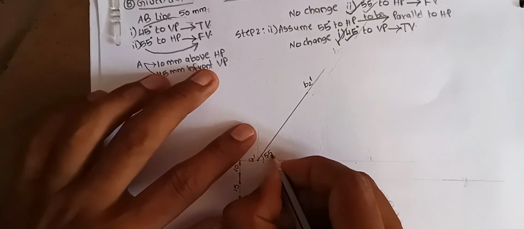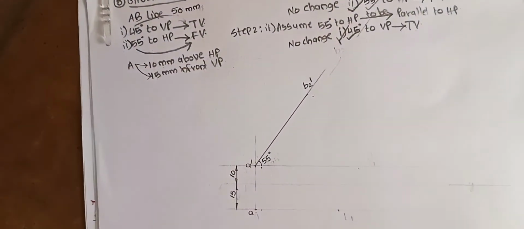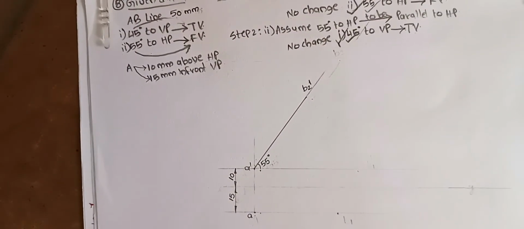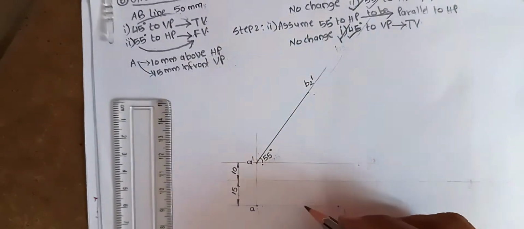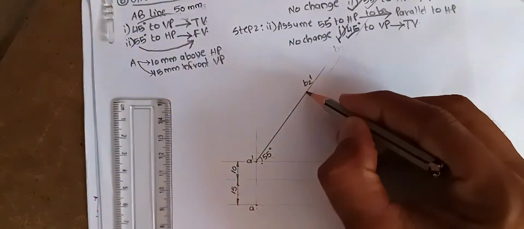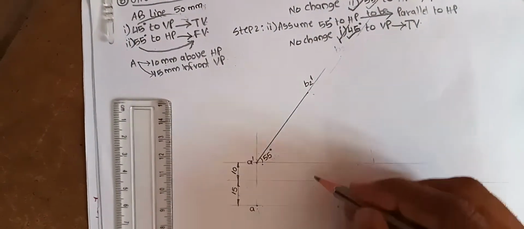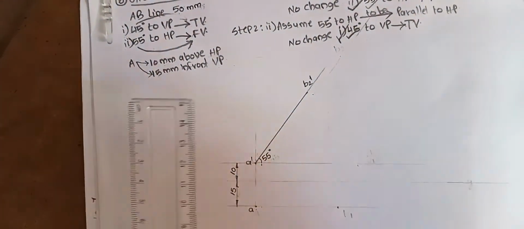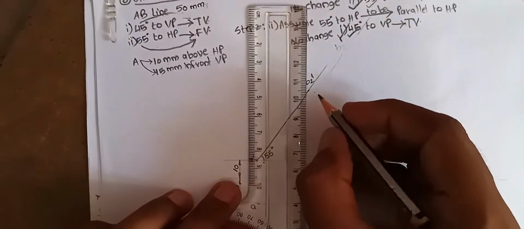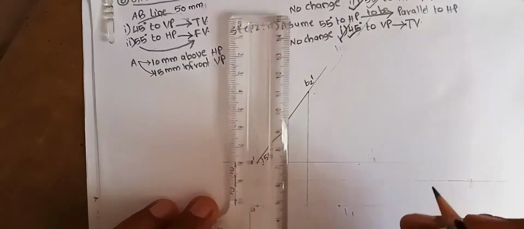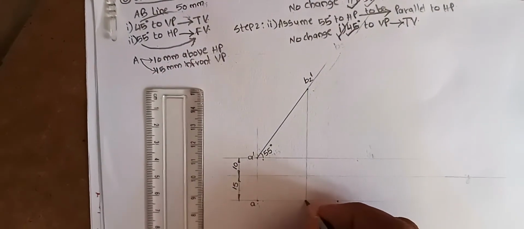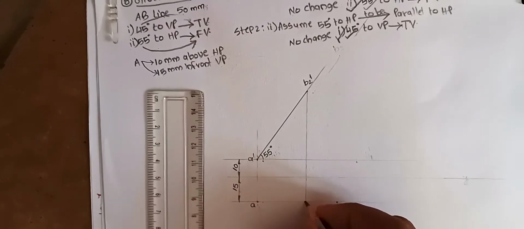That angle is 55 degrees. Now from that point we have to draw the projectors into top view. From B2 we draw the projectors into top view. Like that we got. Make that point as B1.